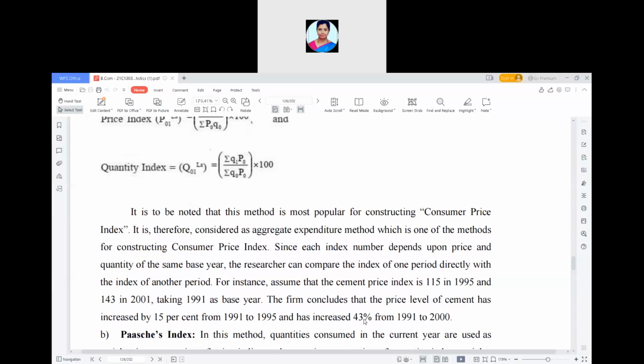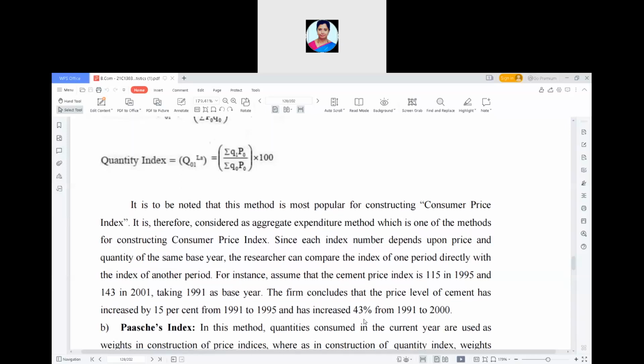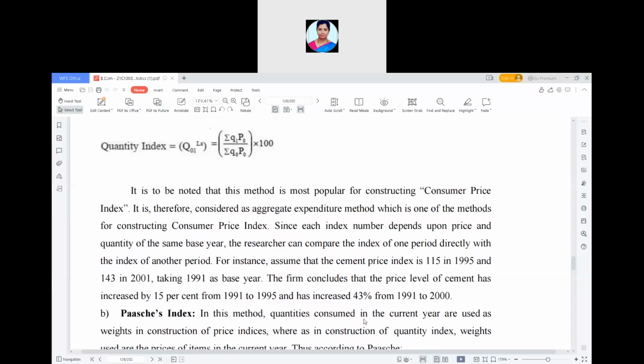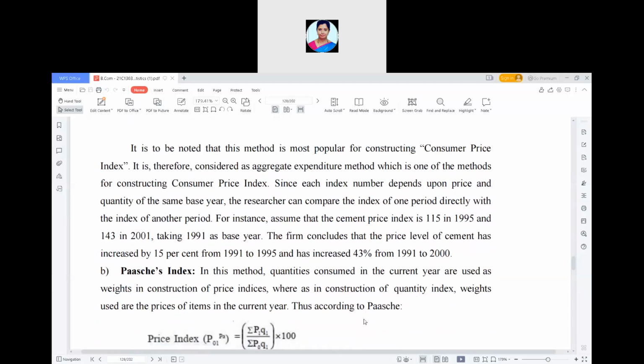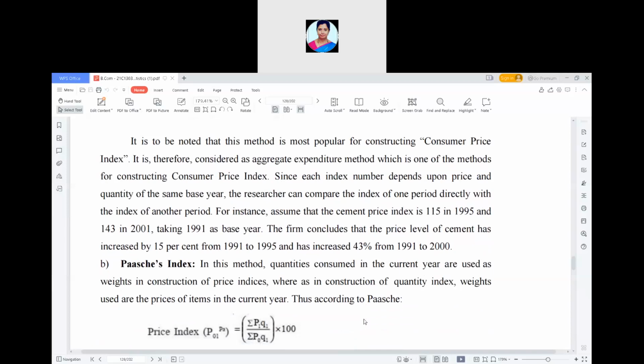So we have calculated Laspeyres' index number. The next one is Paasche's index. In this method, quantities consumed in the current year are used as weights in the construction of price indices, whereas in the construction of quantity indices, the prices of items in the current year are used as weights.